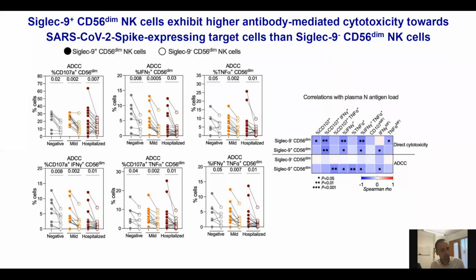But when we focus on ADCC, we found that the Siglecs positive cells' ability to degranulate or release cytokine correlates negatively with how much antigen only in the Siglecs positive cells, but not in the Siglecs negative cells, suggesting that the Siglecs positive cells are playing an important role in the ADCC activity against SARS-CoV-2.